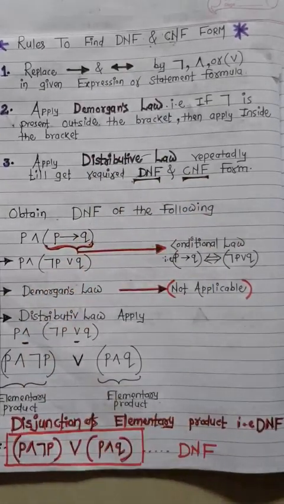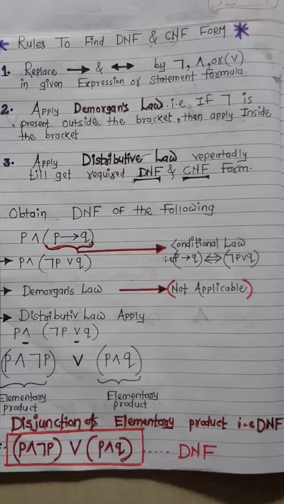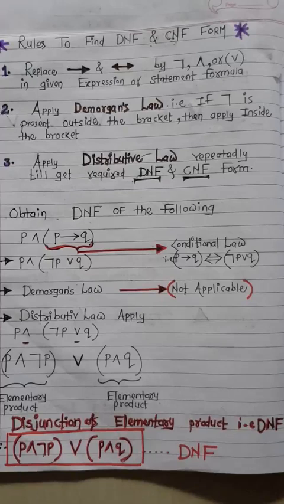What does it mean? If a conditional or biconditional connective is present in your given expression, then we have to apply the conditional law and biconditional law, so that we get the formula in terms of negation, conjunction or disjunction. That is your first rule.